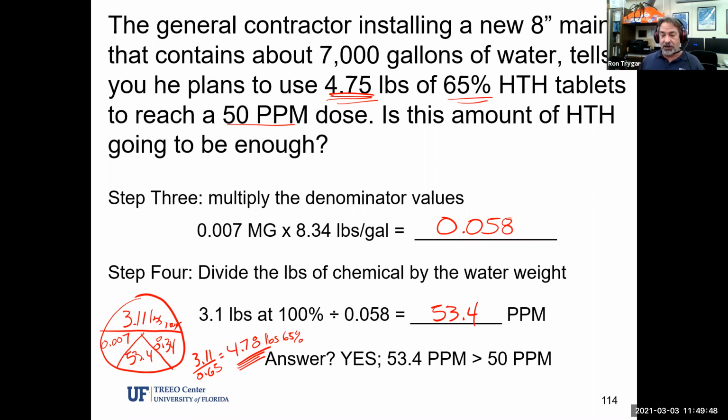If we are not dosing enough chemical to start with, we may not actually achieve the right pathogen kill. So it is important that we know how to do this. This would be a little more of a higher level math question for, let's say, a distribution level 1 or class 3 or 4 license as you go up the ranks. But definitely something you'd want to pay attention to and know how to do.